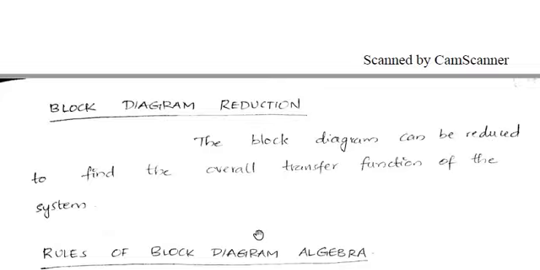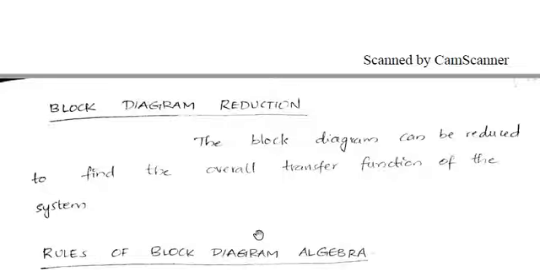Now we are moving on to the block diagram reduction technique. This block diagram reduction is carried out to find the overall transfer function of a system. Suppose we are having a very big system that consists of a large number of blocks, and we want to find the overall transfer function of the system.